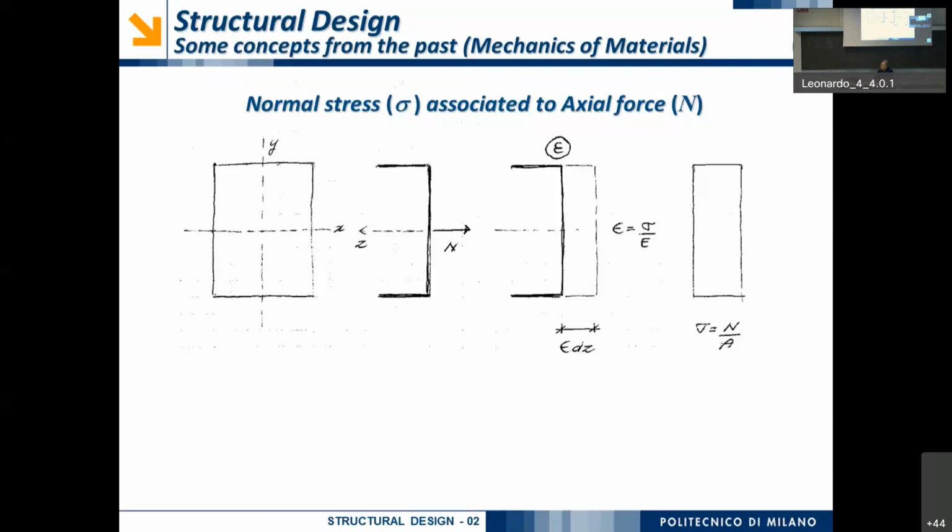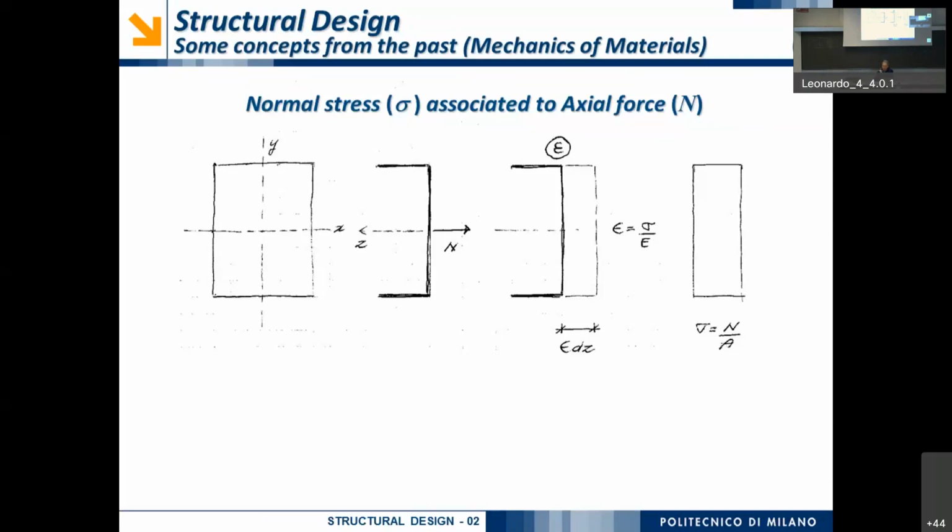In order to pass to the local deformation, to the local strain, I have to consider in my mind the cross section made as an ensemble, a series of independent fibers. And each one of these independent fibers undergoes a strain which is proportional to the applied stress, okay?